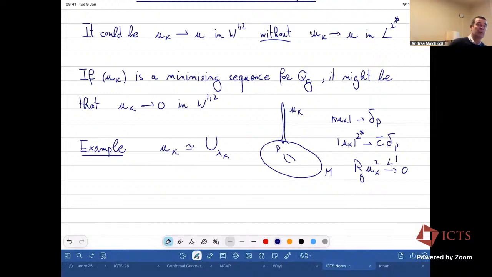So due to the non-compactness of the Sobolev embedding, you might have this kind of behavior.